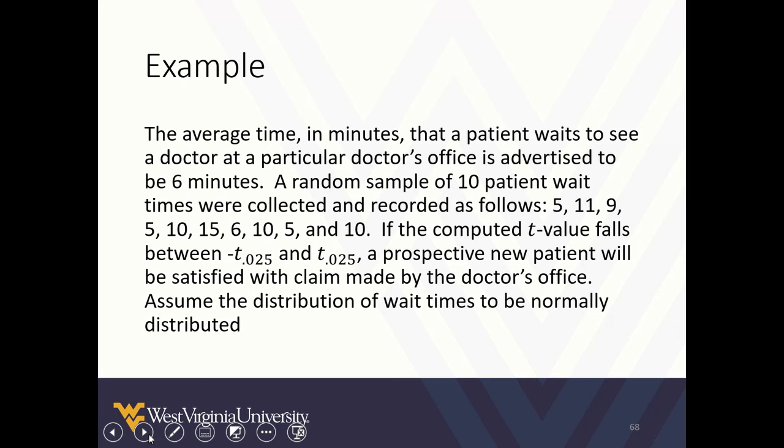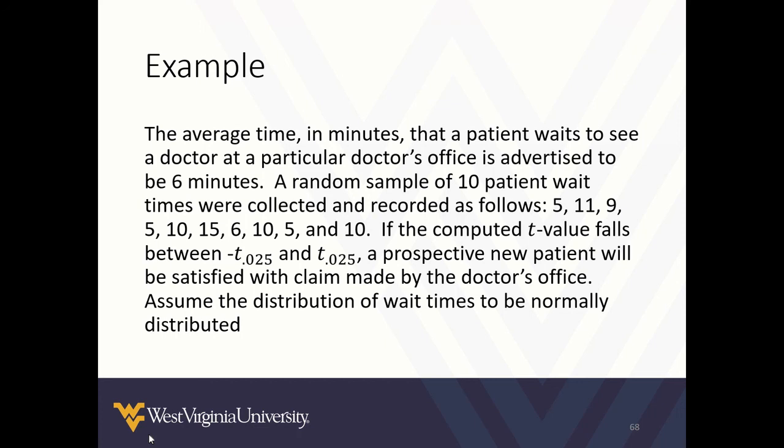If we decide we are going to take a look at a quick example: the average time in minutes that a patient waits to see a doctor at a particular doctor's office is advertised to be 6 minutes. A random sample of 10 patients' wait times were collected and recorded as follows: 5, 11, 9, 5, 10, 15, 6, 10, 5, and 10.